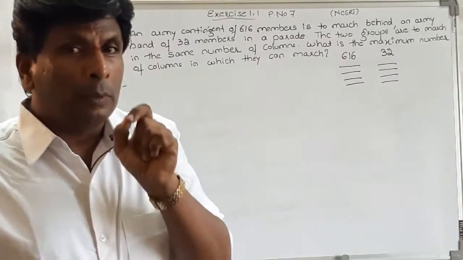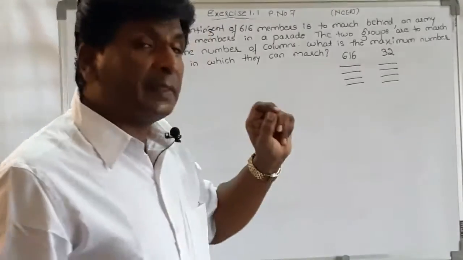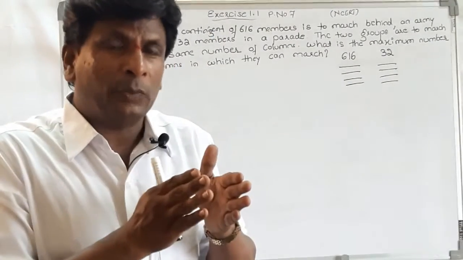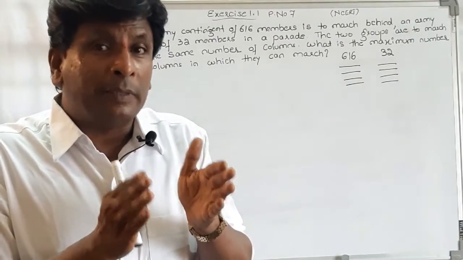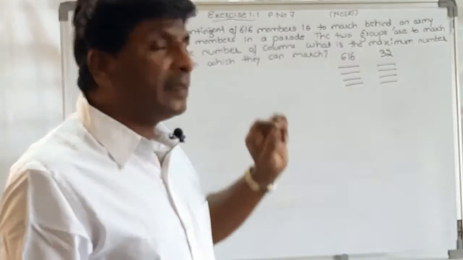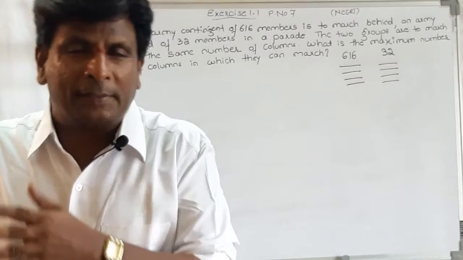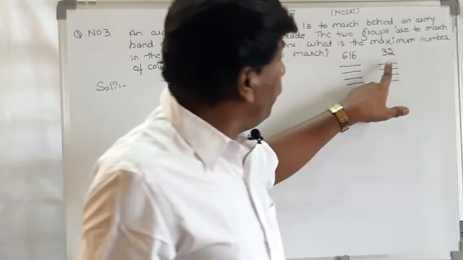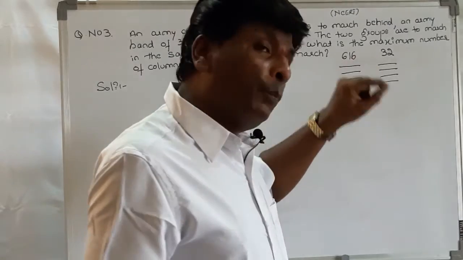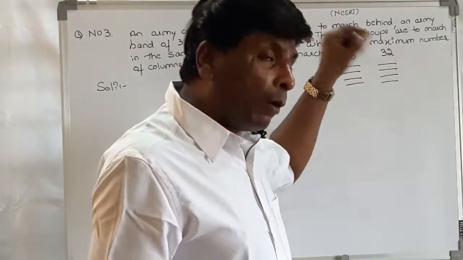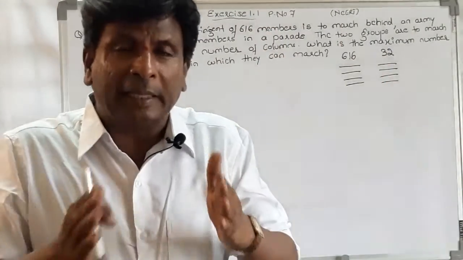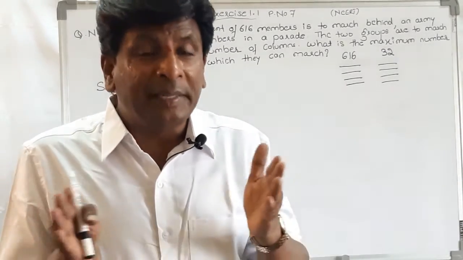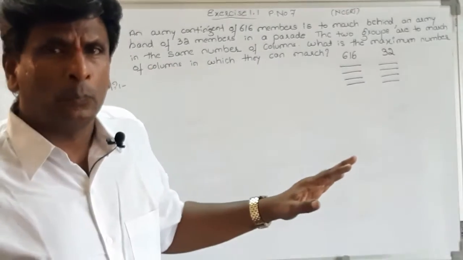It means 616 is divisible by 8, 8 is a divisor, so it divides 616 into equal parts. The same way, if 8 is the HCF of both, then this 8 also divides 32 into equal parts. That is the meaning of HCF.